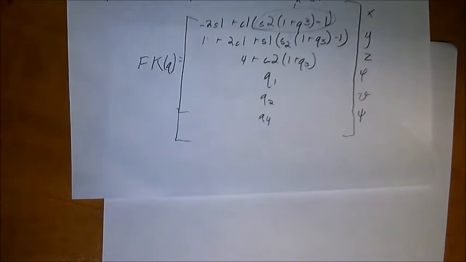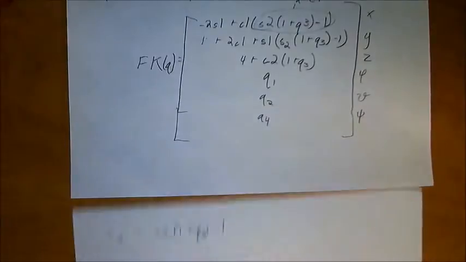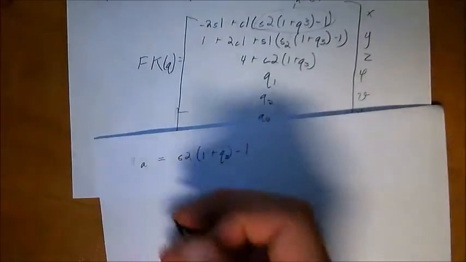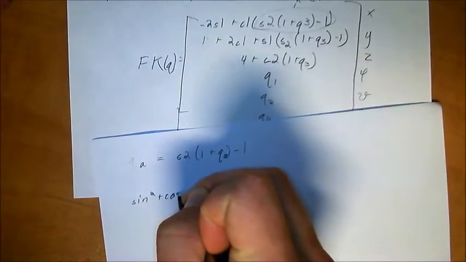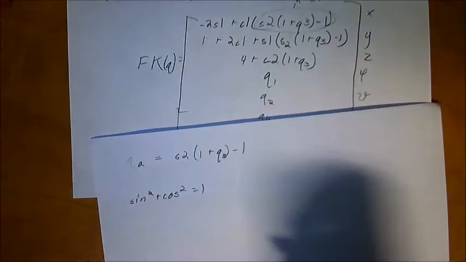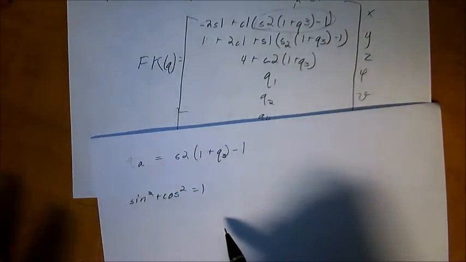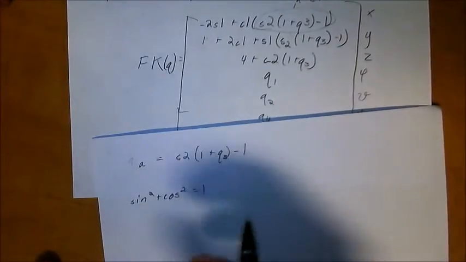Okay, x squared plus y squared. Oh no, it's not the rule of x squared plus y squared. In fact, it's sine squared plus cosine squared is equal to 1. That's the one I'm thinking of.